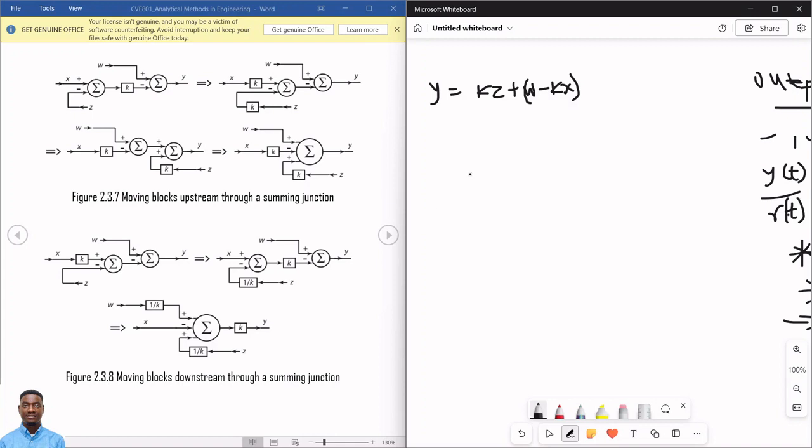Since what I have is KZ plus W minus KX, once I move it over the summing junction, Y is the same as KZ plus K times X minus W itself here. So that will be W.